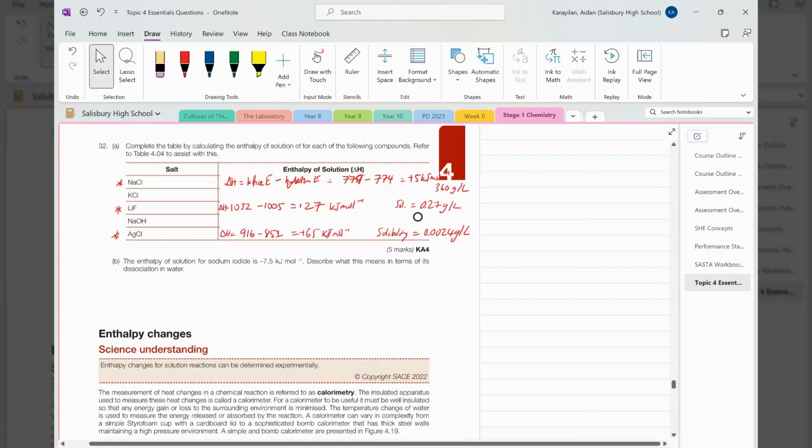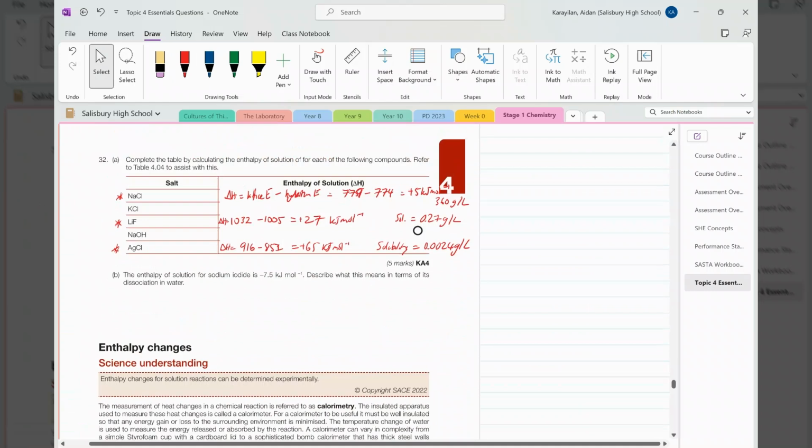There we go. So the enthalpy of solution for sodium iodide, B, is negative 7.5. Describe what this means in terms of its dissociation in water.